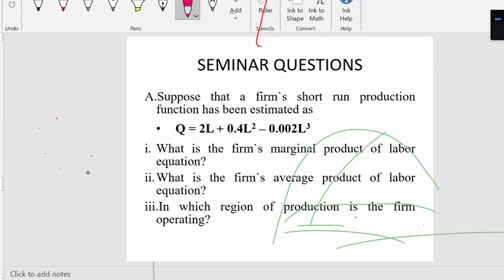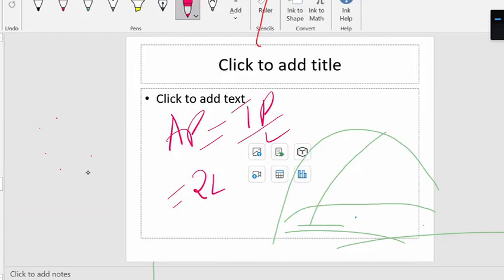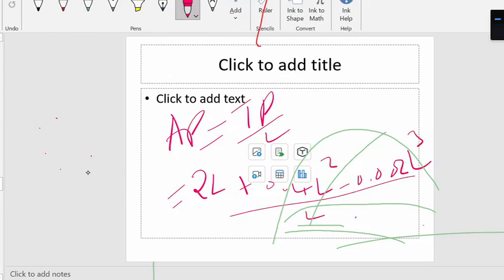So just 2L plus 0.4L squared minus 0.002L cubic, then divide by L. You get the average product. Here it will be 2, because L divided by L is 1, plus 0.4L, one L remains, minus 0.002L squared. That is the average product.